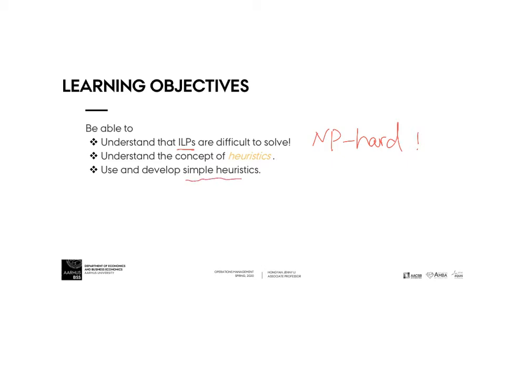Here in this course, we have only one lecture to talk about heuristics. So don't worry, we are not really pursuing the large difficult problems. We use small examples to show how to implement heuristics.